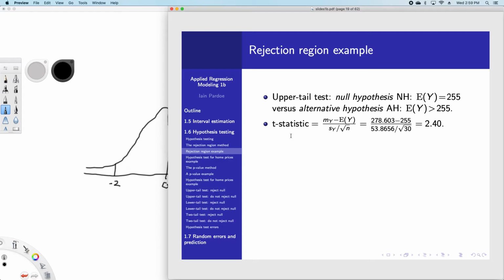I'll calculate my test statistic. So here's the formula, and then I can just plug in all my numbers. 278.603 is the sample mean. 255 is the hypothesized population mean. SY is the sample standard deviation, and root n is the square root of the sample size.